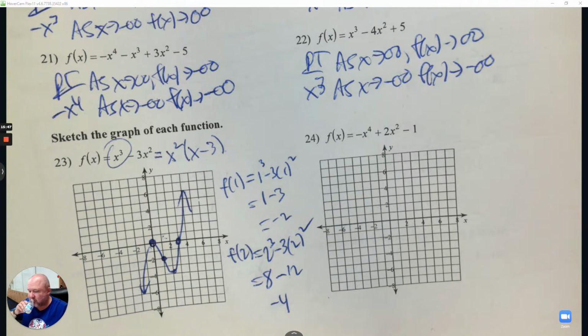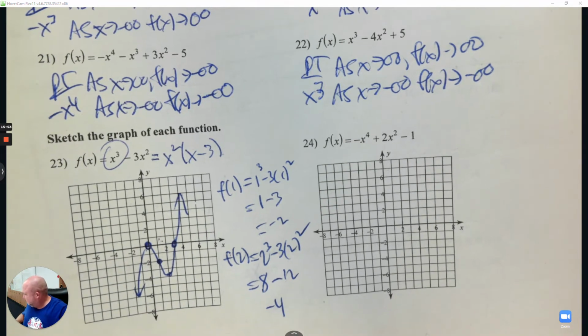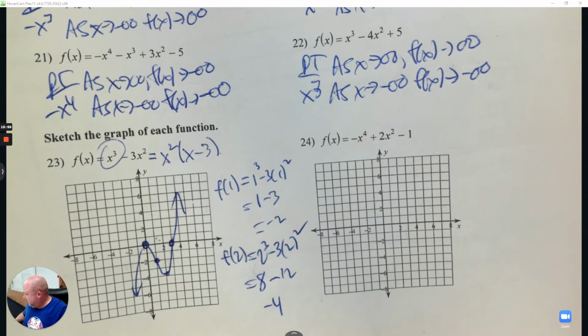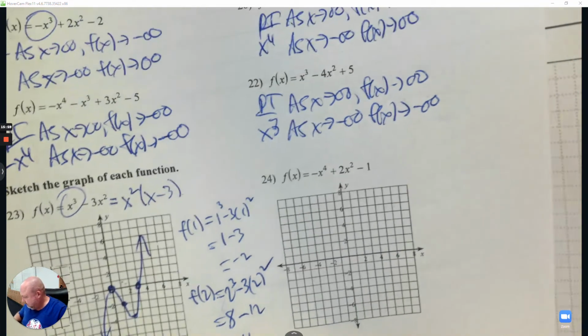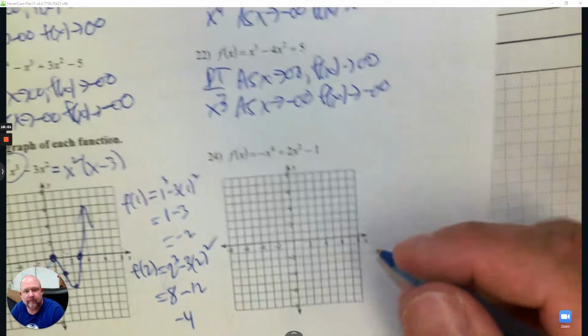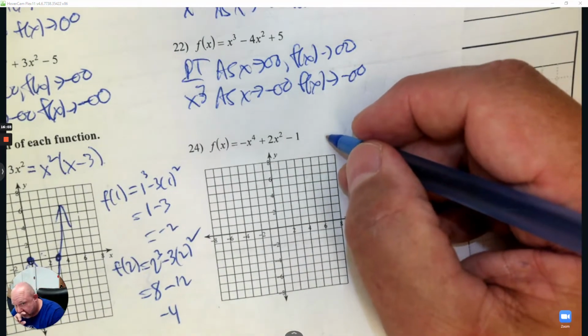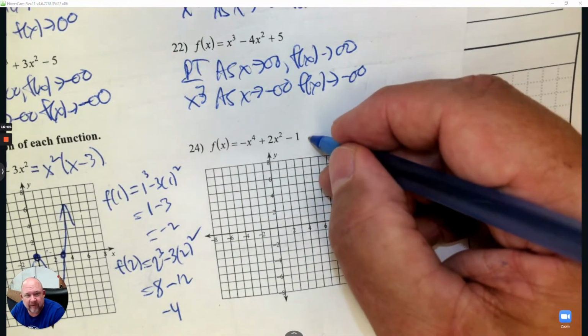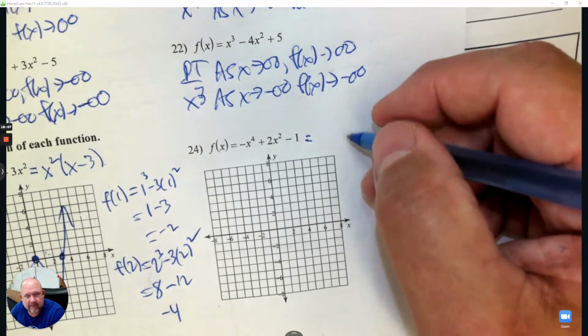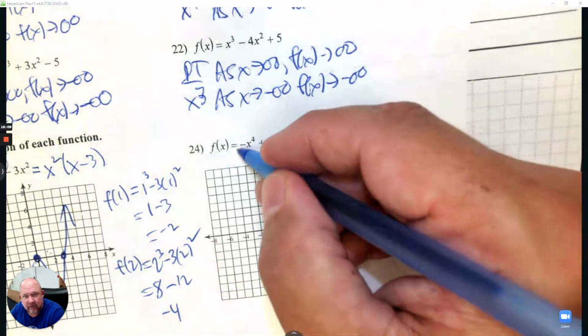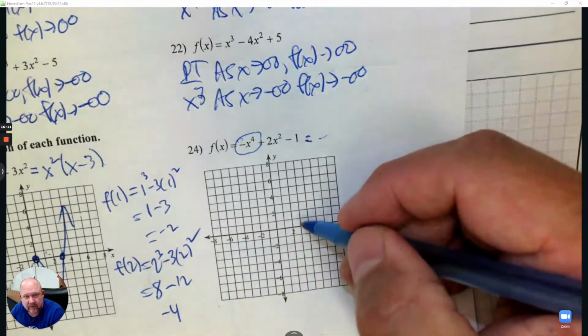Number 24. We're going to factor it to begin with. Now, this one's a fun one to factor. So, truth is, the first thing I would do is, negative x to the fourth means both ends are going down.